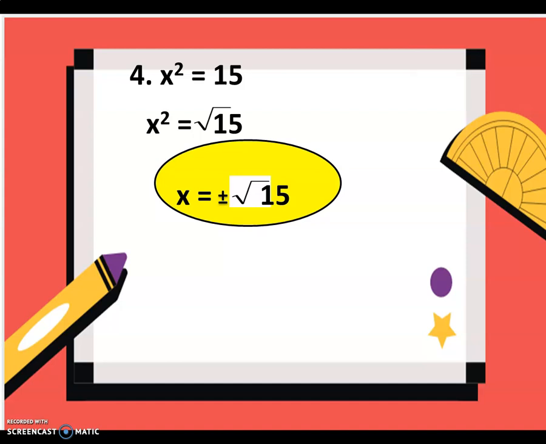So, ang value po niyan is 3.87. Since hindi naman po kailangan, the final answer or the final roots is either positive or negative square root of 15. Okay? So, yun lang po. Maraming salamat. Sana naintindihan.